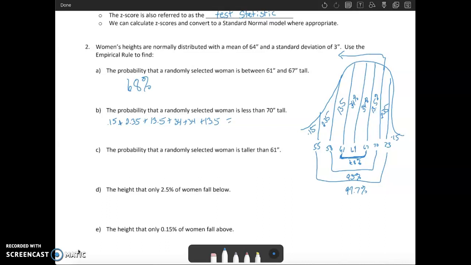So if I add all of that up, it's the same thing as if I took 1 minus, basically, or an easier way would just be to do 1 minus the 2.5. So it's everything other than that. So it looks like it's 97.5% probability that you would be less than 70 inches tall.